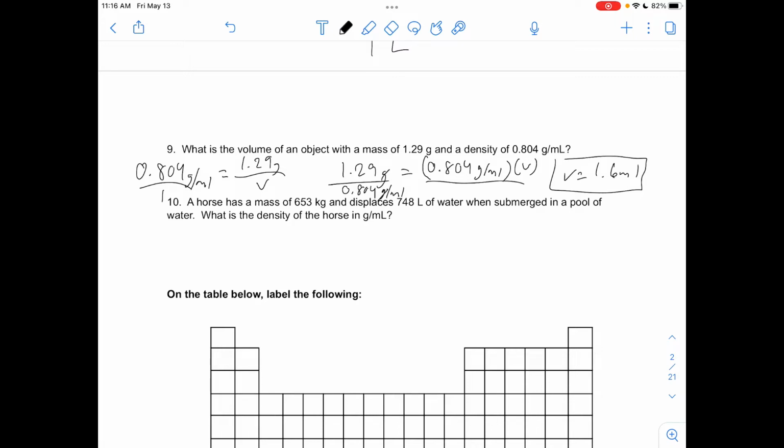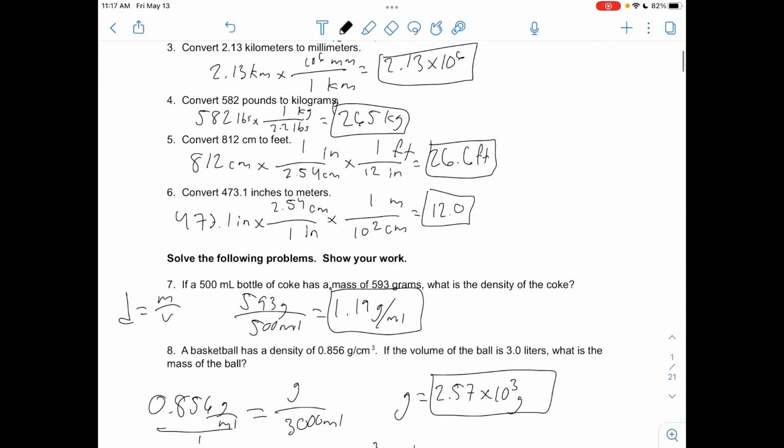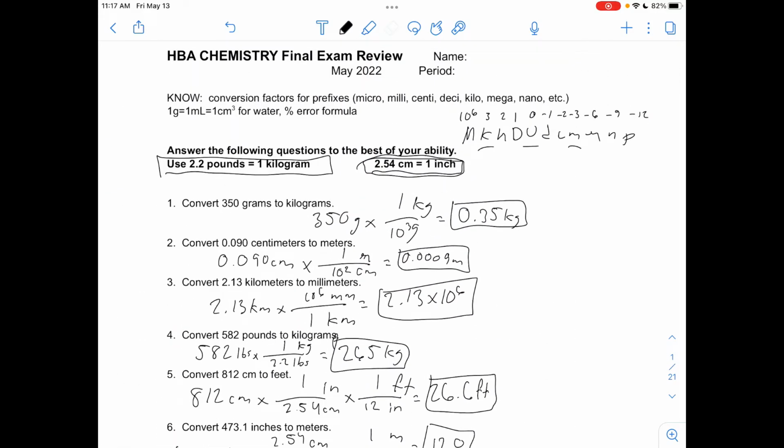Okay, a horse has a mass of 653 kilograms. Okay, then notice right away I want it in grams per milliliter. So I'm going to have to convert that 653 kilograms into grams. So 1 kilogram per 1,000, or 10 to the third. Okay, right, because kilo is over here.